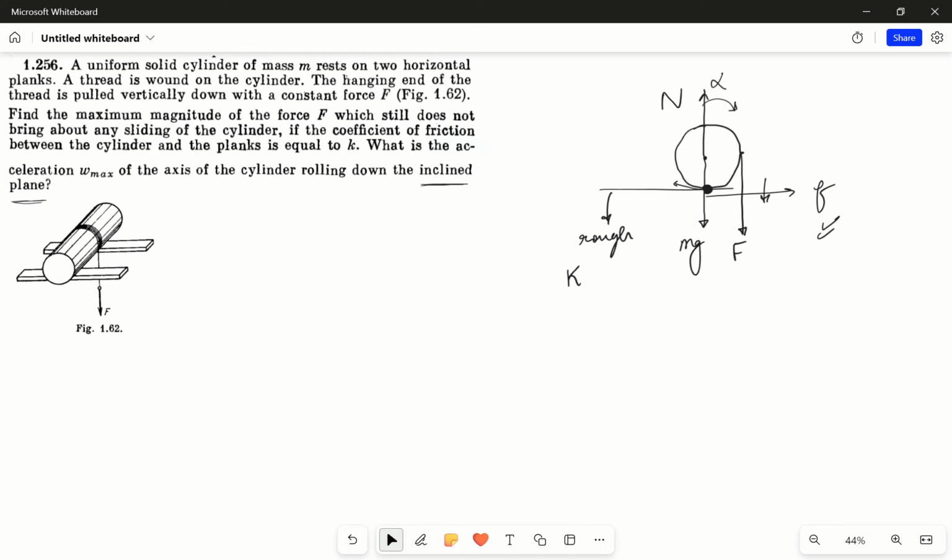So normal would be balanced by the forces in the vertical direction. What are the forces in the vertical direction? This is normal, mg, and this force, that is tension, or we can say force F, right? These are the forces that are acting in the vertical direction. So normal would be equal to mg plus F, right? So this is our first equation.